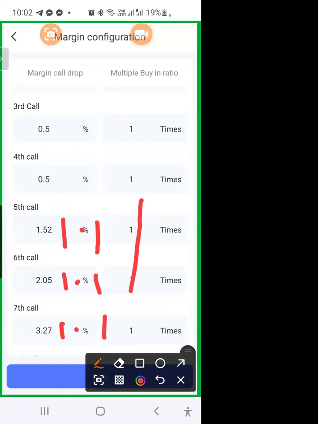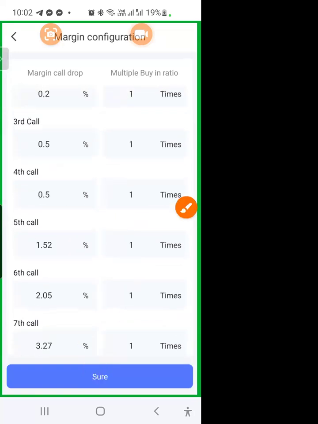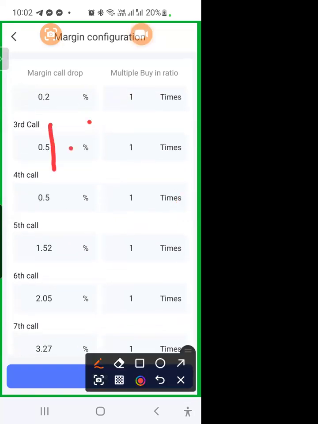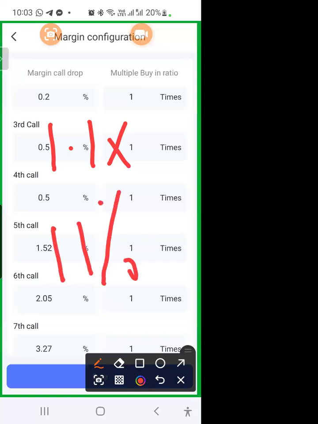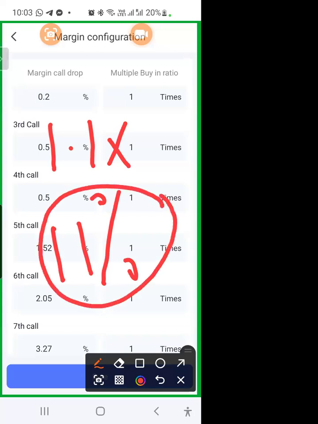Why is it like that? If you take 1.1 times 10, you are going to get 11%, giving yourself another small percentage drop in case the market continues to go against you.